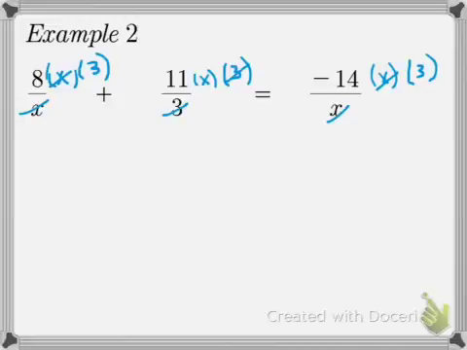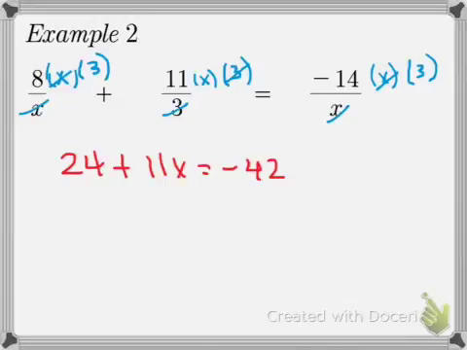So now what I'm left with, I have 8 times 3 plus 11 times x equals negative 14 times 3. So that's 24 plus 11x equals negative 42.